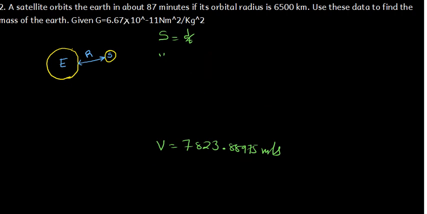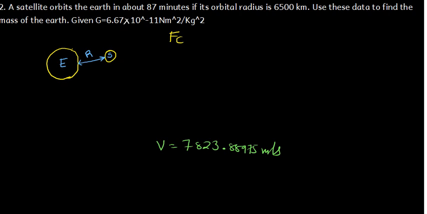Now that we have got the velocity at which it is moving, there is always a force which is acting on the satellite and the Earth, pulling them towards each other. So this one which is moving has got a force that is pulling it towards the center of the Earth. That is the centripetal force.